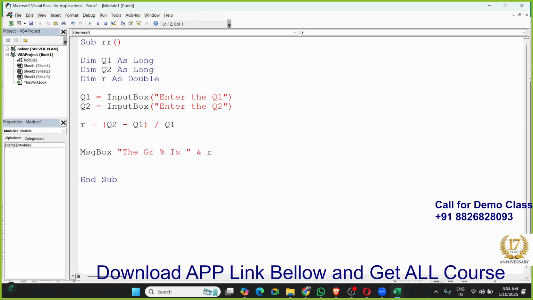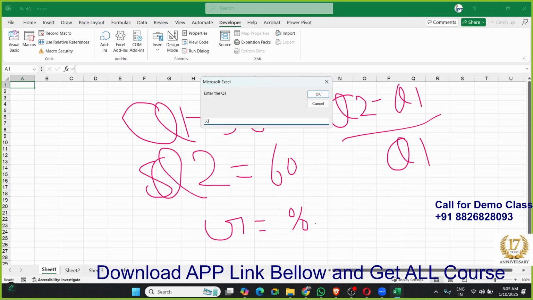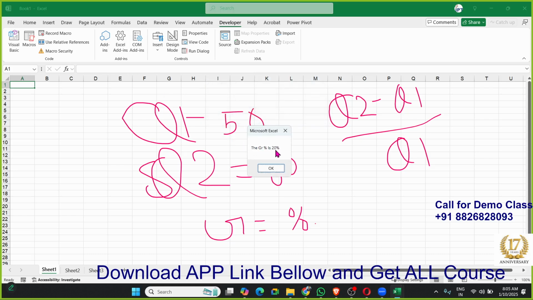So we write R divided by R, multiplied by 100, and give the formula Round, comma 0, and give the percent symbol in inverted commas. Now we run this, type 50, 60 and press enter, and you get 20%.